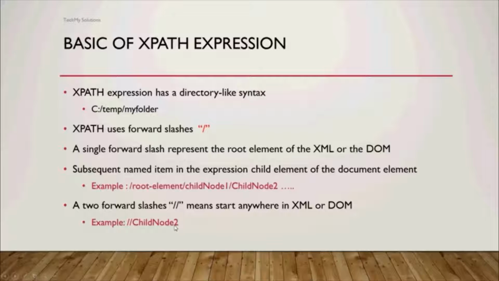Now, considering the XML that we had, if we want to know all the contributors listed in this XML, if you want to list down the contributor nodes that we have in our XML, we would need an XPath expression.